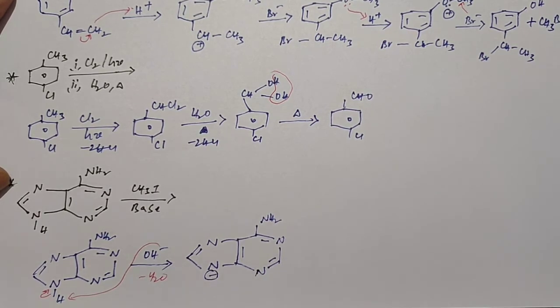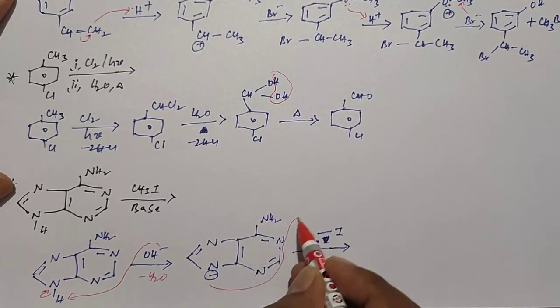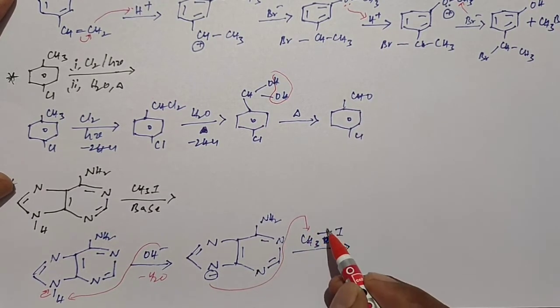so this is what we get as the product after loss of proton or after loss of water molecule when it reacts with base. After that it reacts with methyl iodide. So at that time, these lone pair electrons are shifting towards the methyl group, and these sigma electrons are shifting toward the iodine.